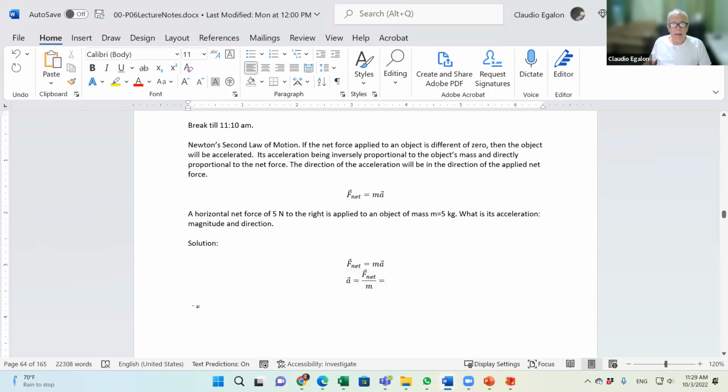Okay, and let's solve everything in terms of magnitude here. Magnitude of the acceleration. Magnitude of the net force.